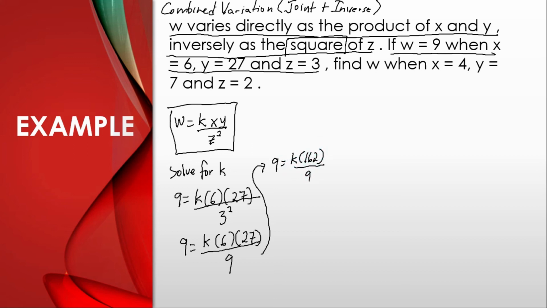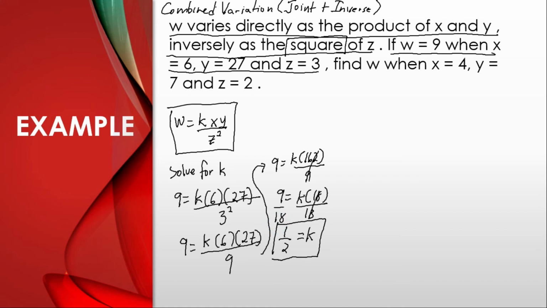So, pwede ba bang i-lowest term yan? 162 divided by 9 is 18, so 9 is equal to k times 18. Now, divide both sides by 18. And we have, what is 9 over 18? So, pag nilowest term mo yan, that will become 1/2. So, our k is equal to 1/2.